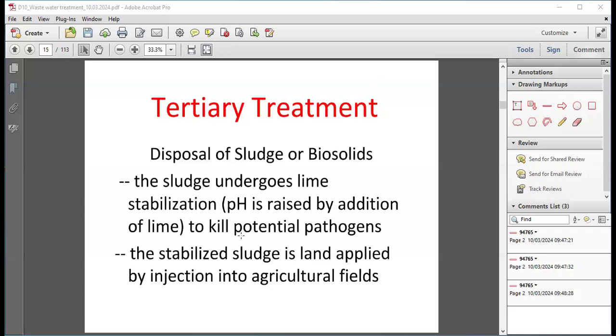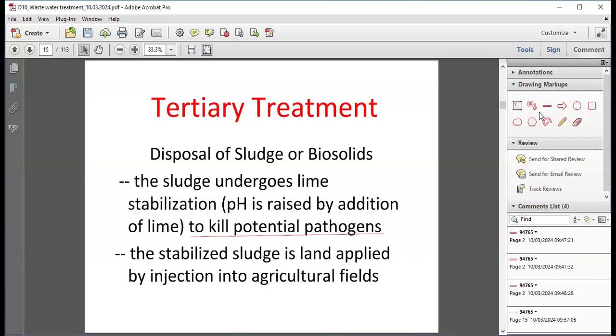The sludge undergoes lime stabilization. pH is raised by addition of lime to kill the potential pathogens.